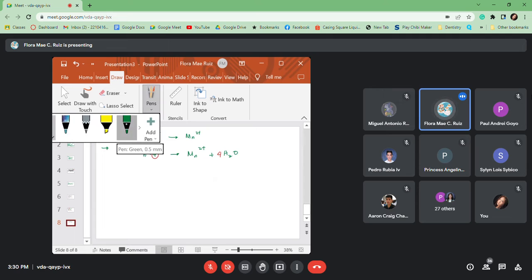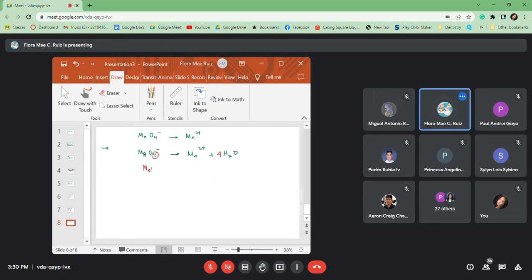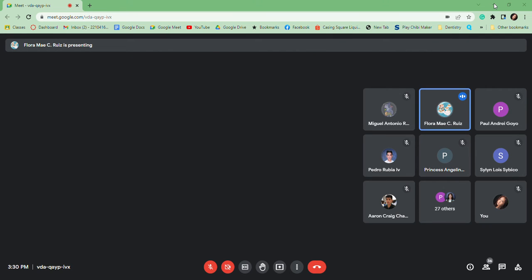So that will be MnO4 minus yields Mn2 plus 4H2O. Again, there is no H on the left side. So, you add how many H? 4 times 2, 8. So, 8H plus. After that, we have already balanced the elements.